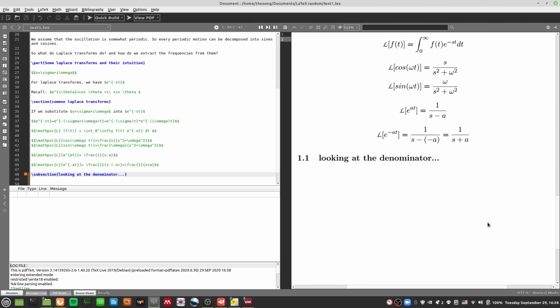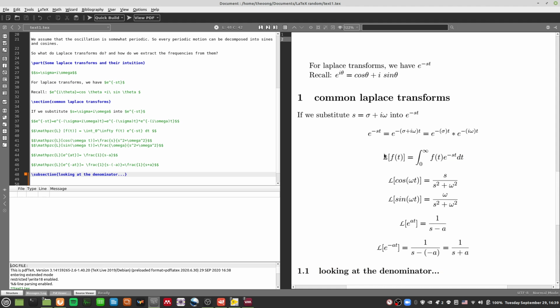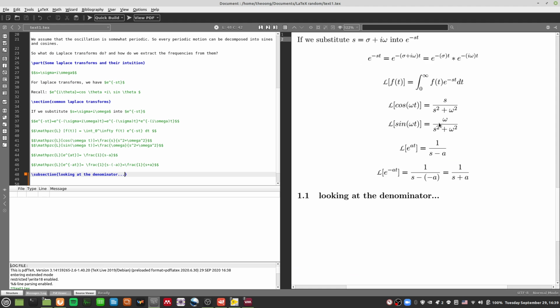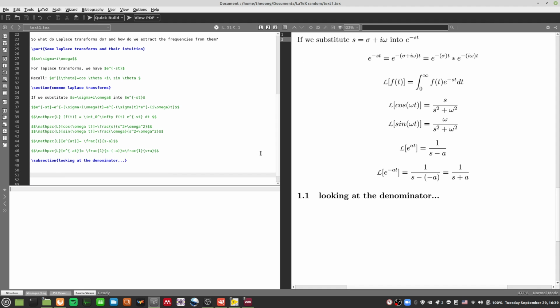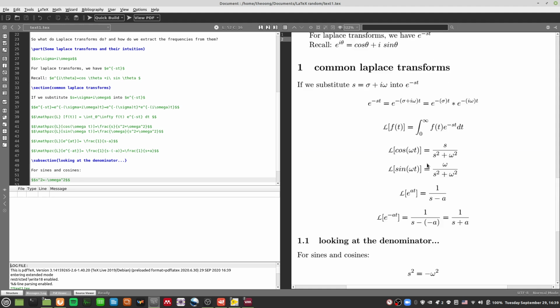Alright, so what do you notice about the denominator? Let's say, for sines and cosines, we will have s squared equals minus omega squared.